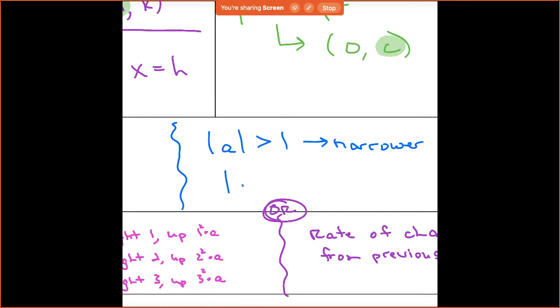If the absolute value of a, I can't just say it's going to be less than 1, because absolute value can never be negative. So it's going to be somewhere in between 0 and 1, 1/3, 1/4, 1/2, something like that. It's going to be a wider parabola.